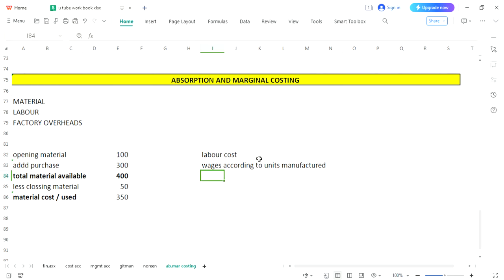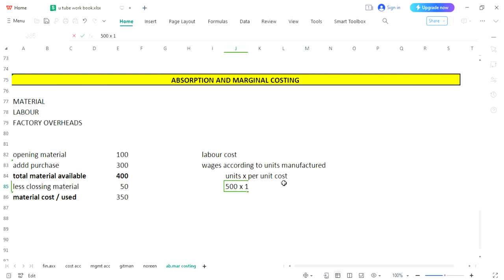What does that mean? Let's say a person is manufacturing 500 units and you have made a contract with the person that for each unit he will make, you will be paying a particular lump sum amount. So that would be per unit cost. So 500 units he had made, and you have made a contract with him that for every unit 10 rupees would be given.